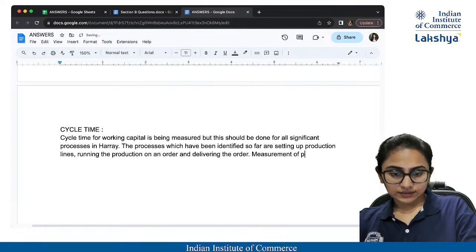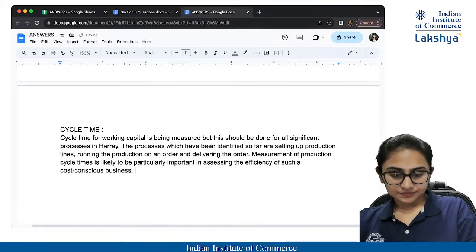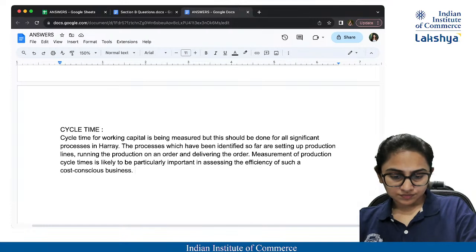Measurement of production cycle times is likely to be particularly important in assessing the efficiency of such a cost-conscious business. There are data on delivery time.